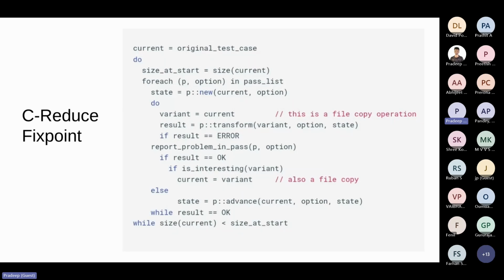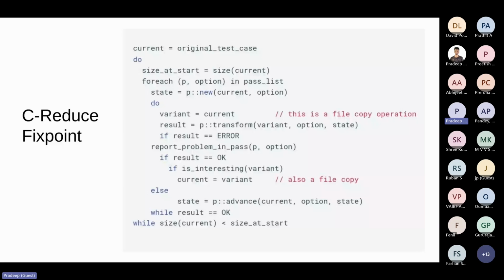So this is a high-level overview, or pseudocode, of how the reducer would work. It takes an original test case, and it takes a size. C-reduce also tries to get the size of the program as a parameter for reduction.